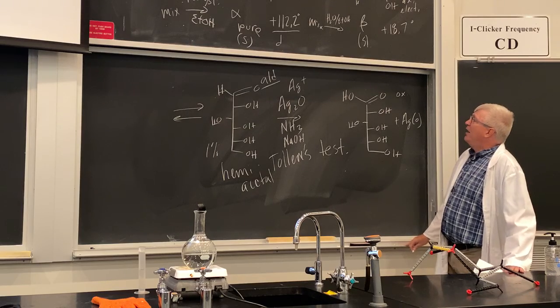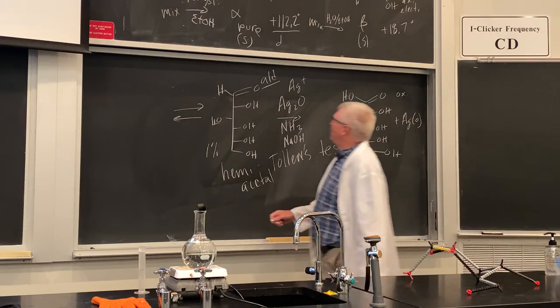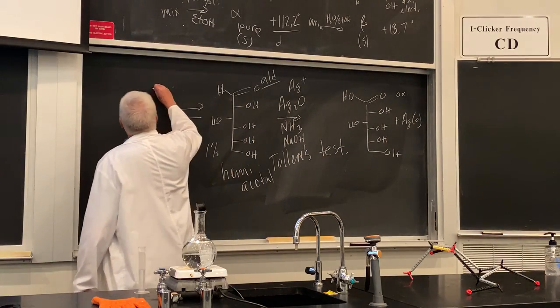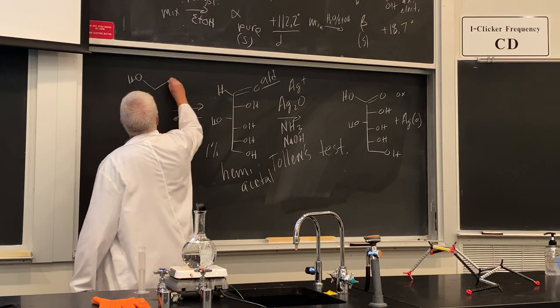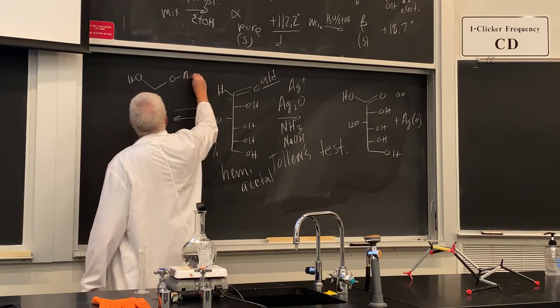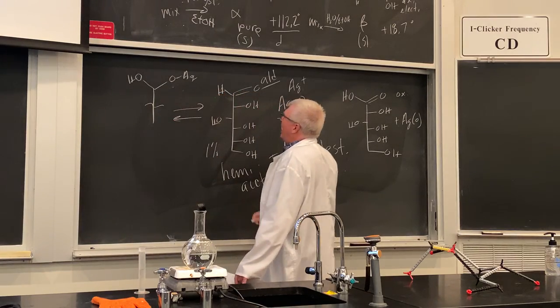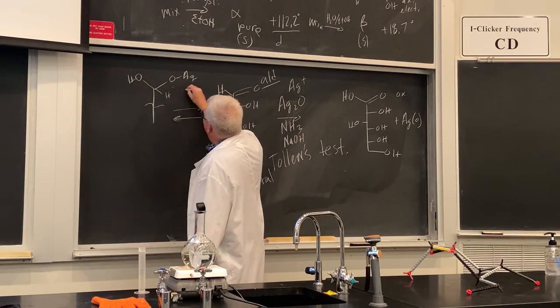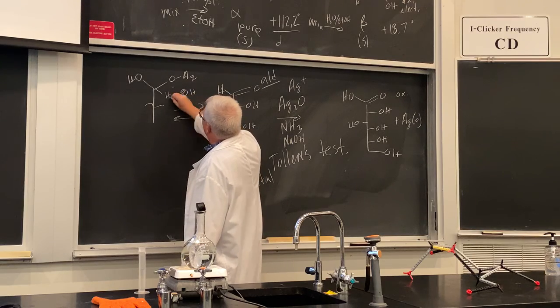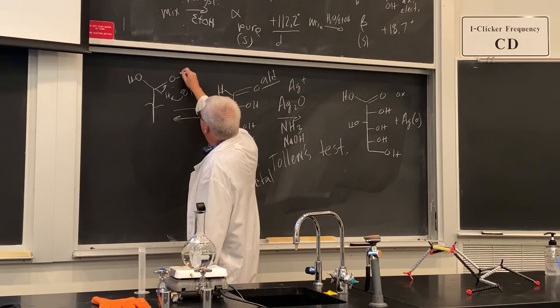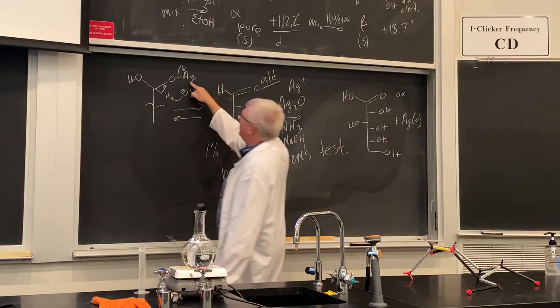I could show you the mechanism of that. I'm not going to show you. Well, let's see, I guess we could show you a little bit about it. So it's actually this hydrate form, which has the silver on it. So the silver in the water converts it to that, and then the base actually pulls the proton off at that aldehyde position, and then you push the electrons into silver.